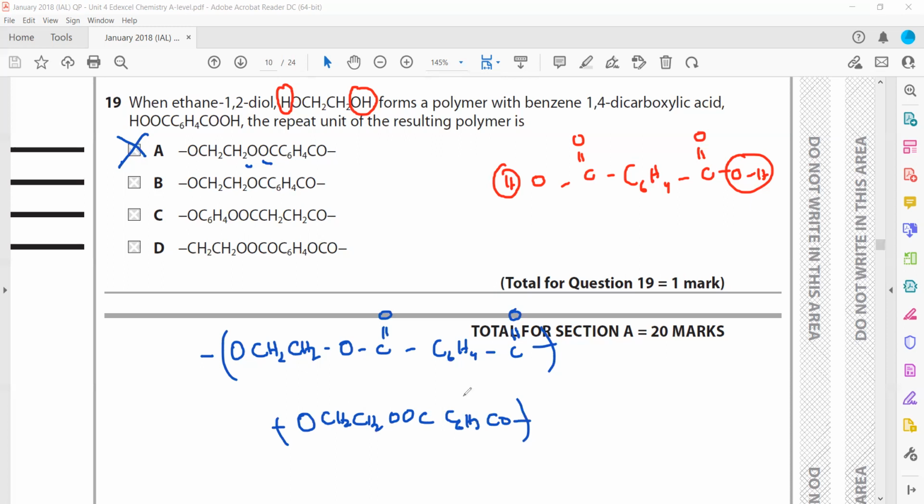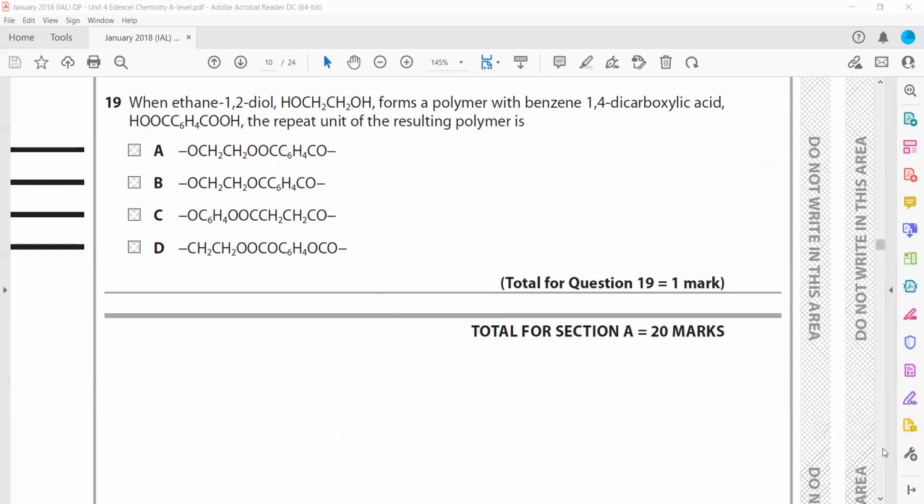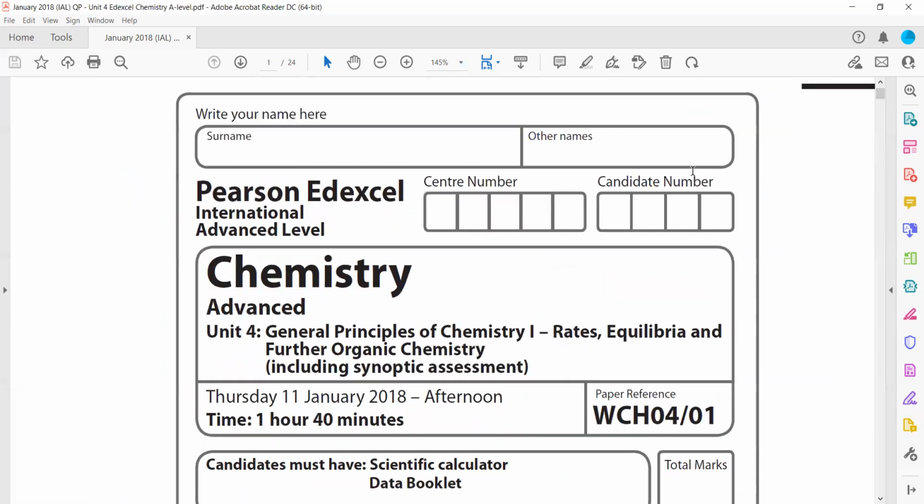So whenever you have a dicarboxylic acid and a diol, on one side you remove H and on the other side you remove OH. So this was January 2018, Unit 4.